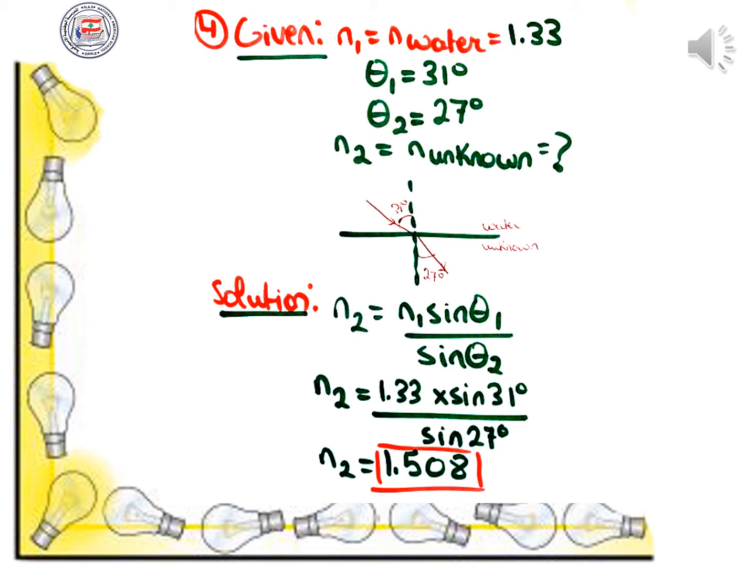The angle of incidence is 31 degrees and the angle of refraction is 27 degrees. So to find N2, we use the equation N2 is equal to N1 sine angle 1 over sine angle 2. N2 is equal to 1.33 times sine 31 over sine 27. So N2 is equal to 1.508.